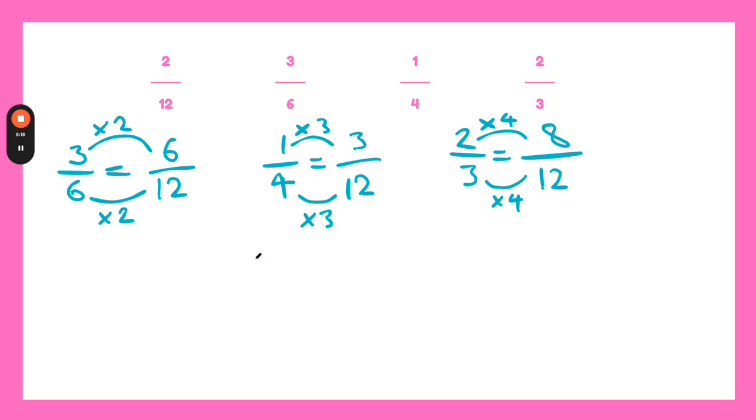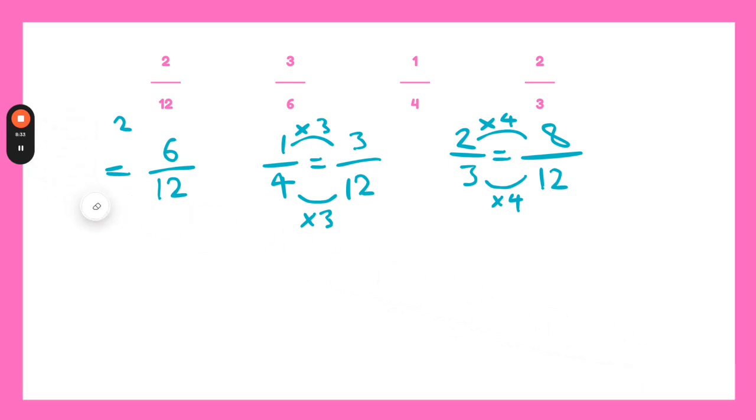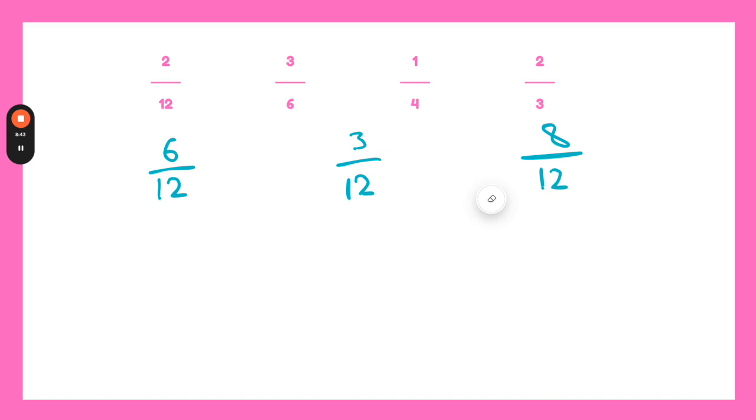So we now have all our equivalent fractions found. It then makes it easier for us to order these fractions from smallest to largest. I'm just going to clear this up so we have some room.